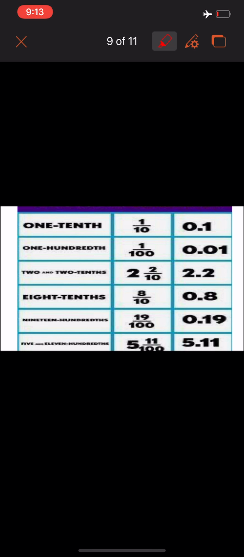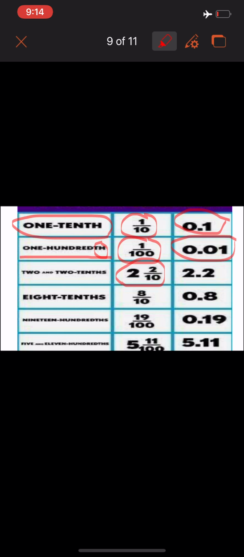Now, let's see 1/10. I write it as a fraction and as a decimal, and in words, 1 tenth. See the 100 as a fraction, hundredth as a decimal. I read it in words like hundredth. Remember, TH.